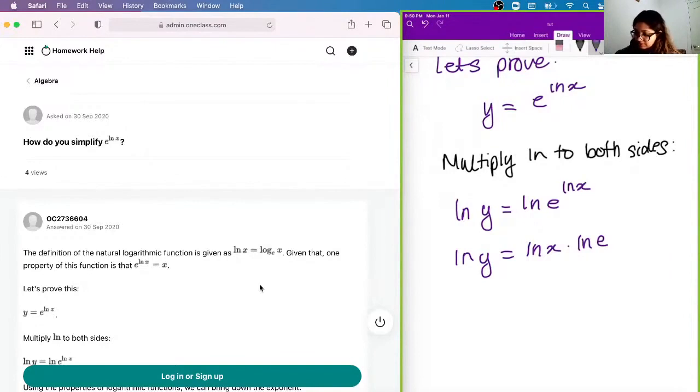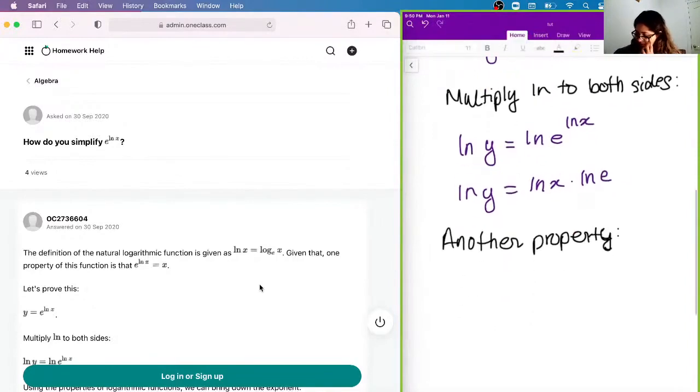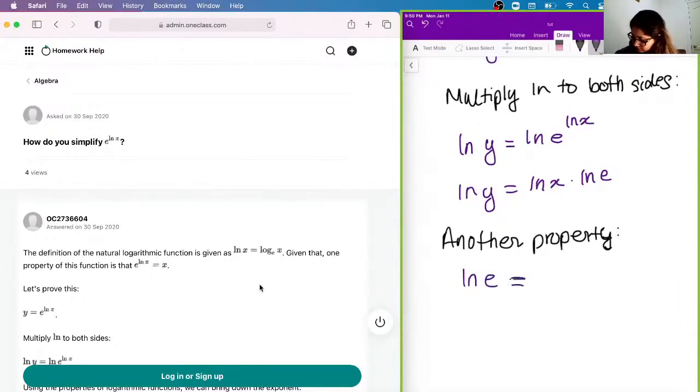And we know that another property is that ln of e is equal to 1.